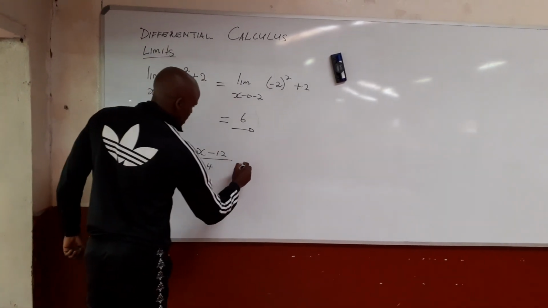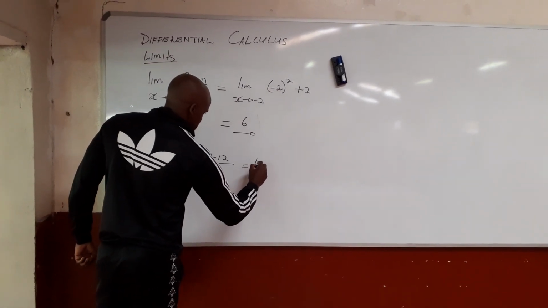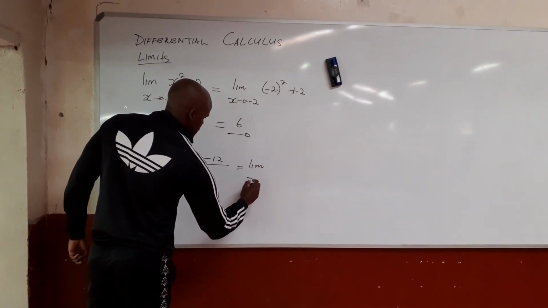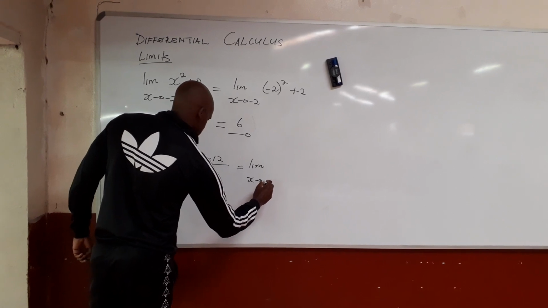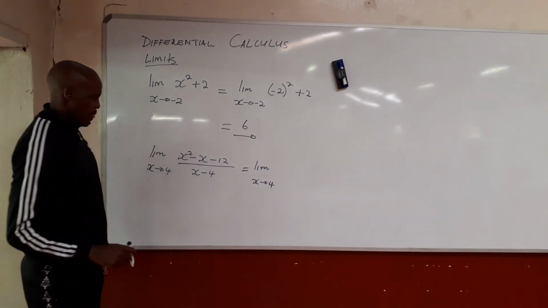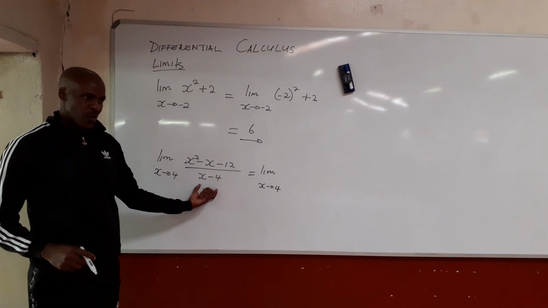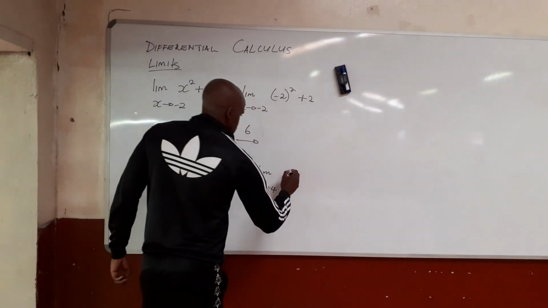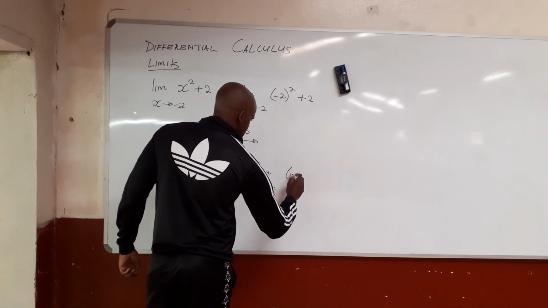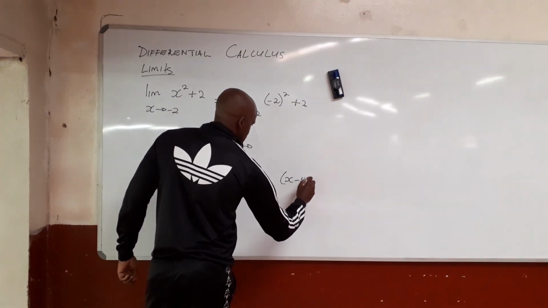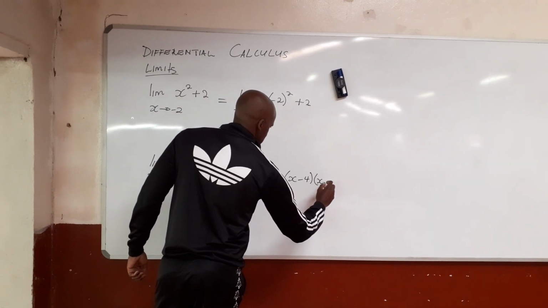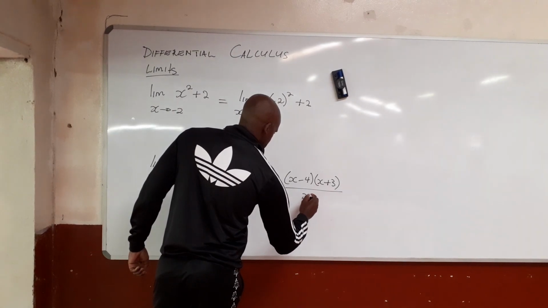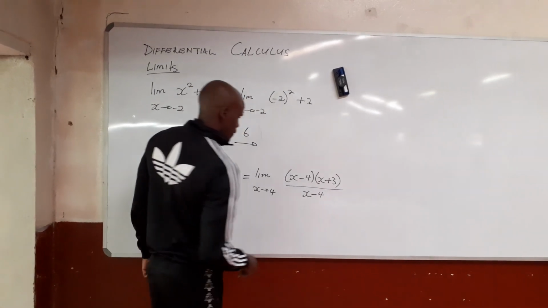This means that you will have to firstly factorize the numerator. Your denominator will be the first factor of your numerator. So the factors of the numerator are x minus 4 times x plus 3, all over x minus 4.